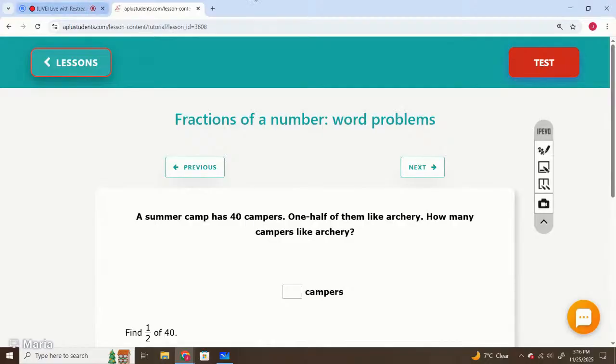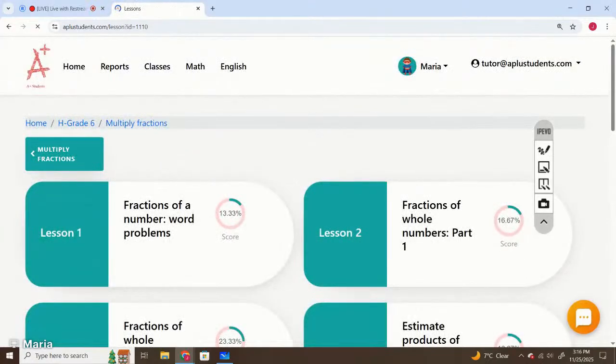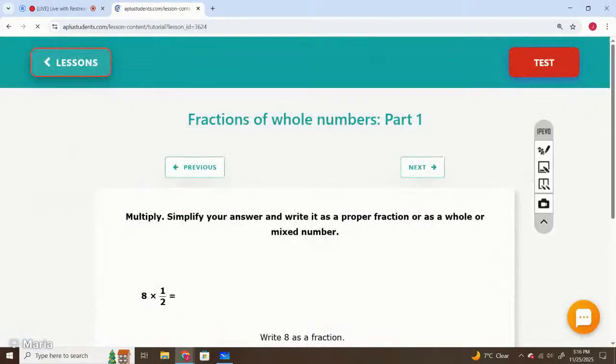The next lesson is fractions of whole numbers part 1. Multiply 8 times 1 by 2.